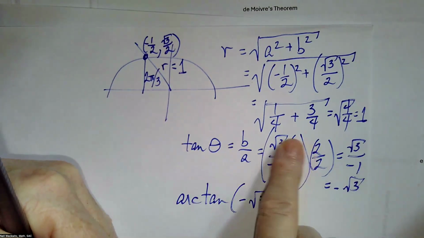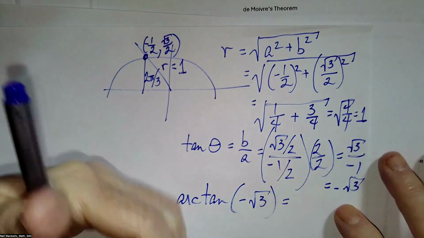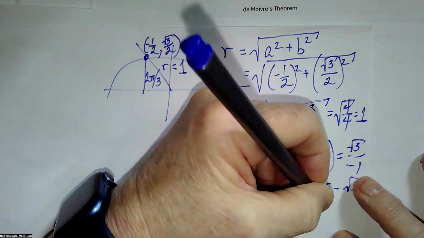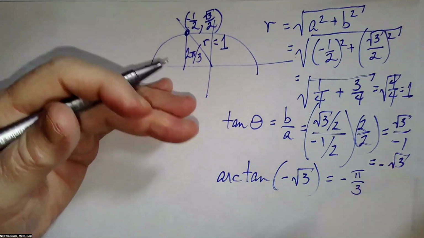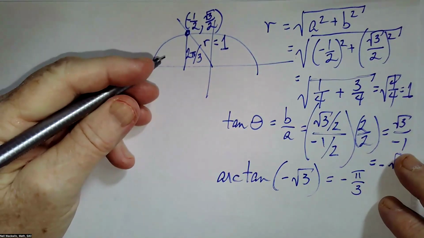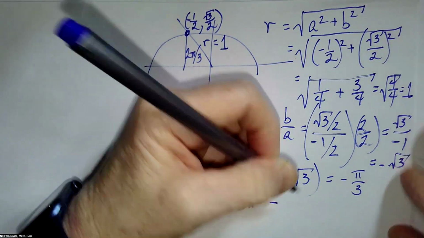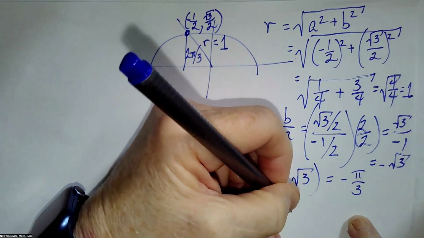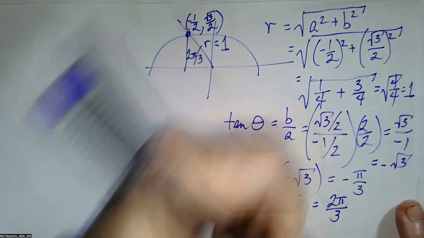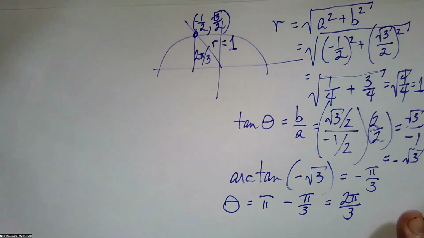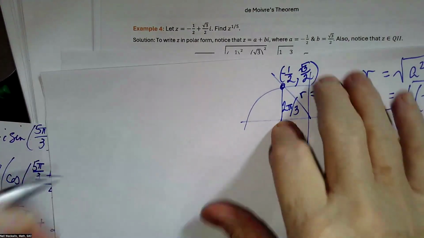And since sine is square root of 3 over 2, I know that we're at pi over 3. It's negative, so I must be at negative pi over 3. To move it into the 2nd quadrant, we're going to subtract this value from pi, and we get 2 pi over 3. Yay. Now we've got our number in polar form.